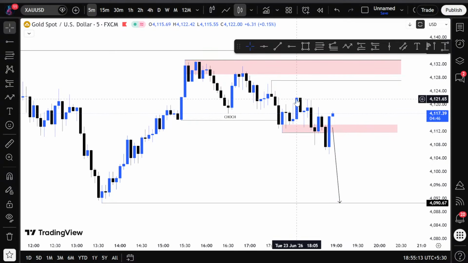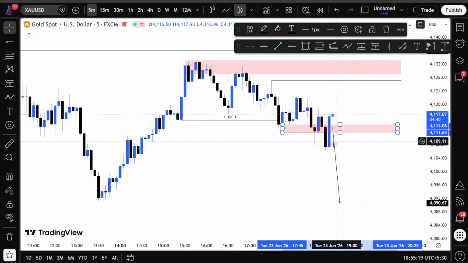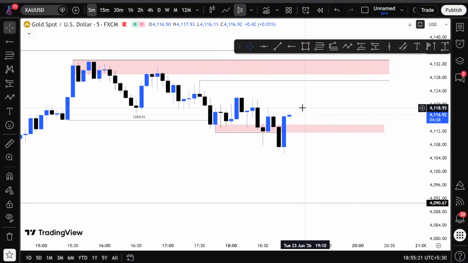Wait for this area. This area has already been tested. Price should close the next candle below this red zone, then you can short again. Stop loss will be above this supply. Okay, wait for the next candle to close below, then you can short again. If you were not in the previous entry, you should be waiting for the next one.